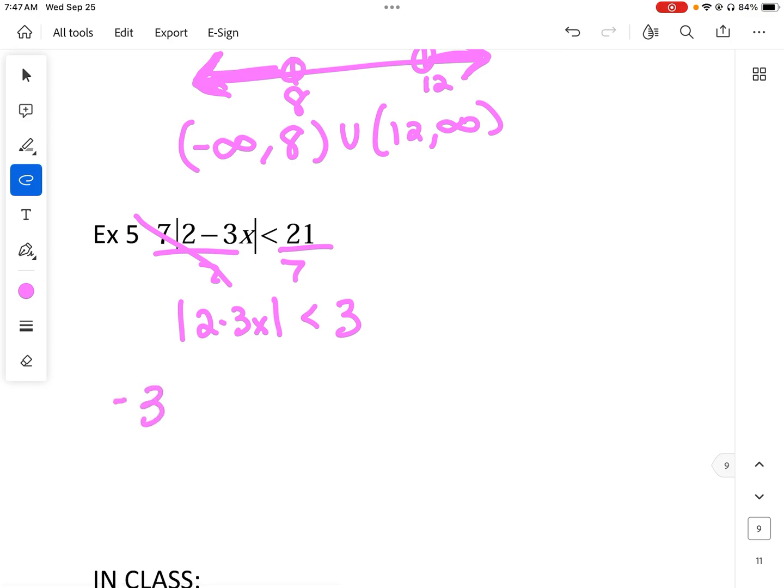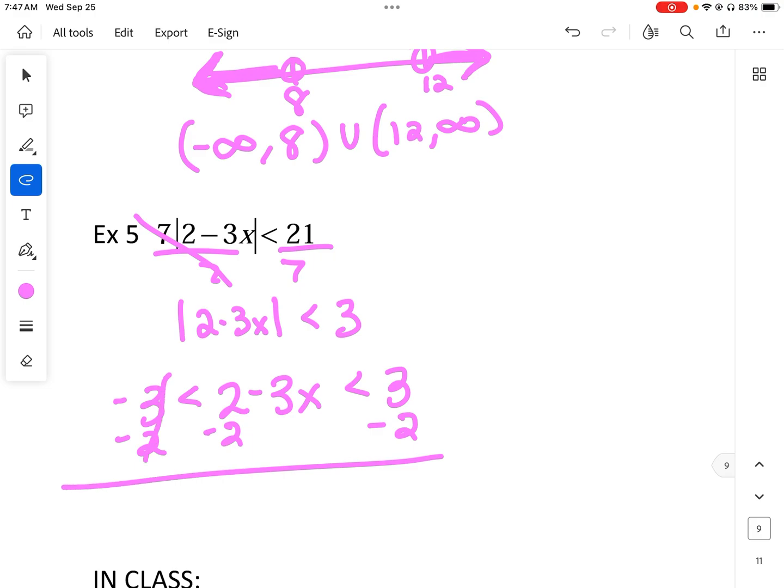So negative 3 is less than 2 minus 3x, which is less than positive 3. Then we solve it. So minus 2, negative 5 is less than negative 3x is less than 1.